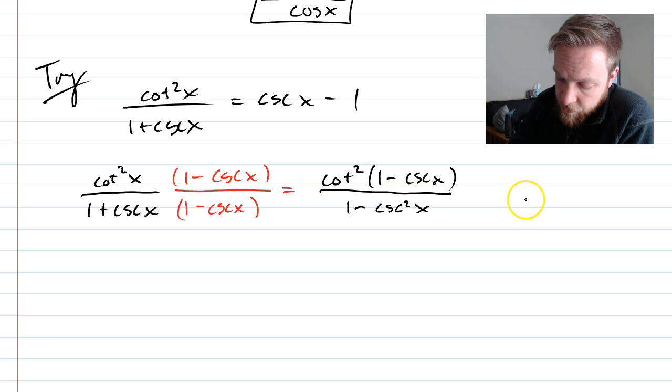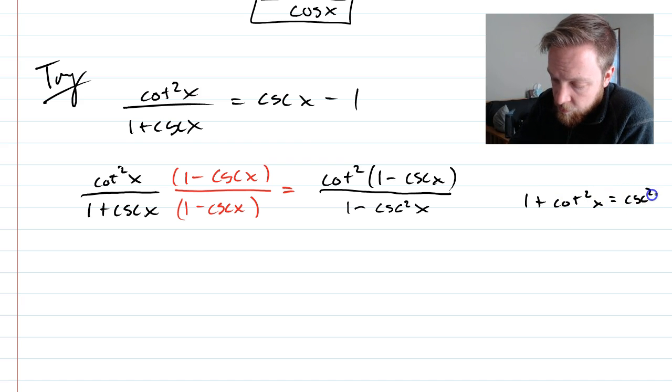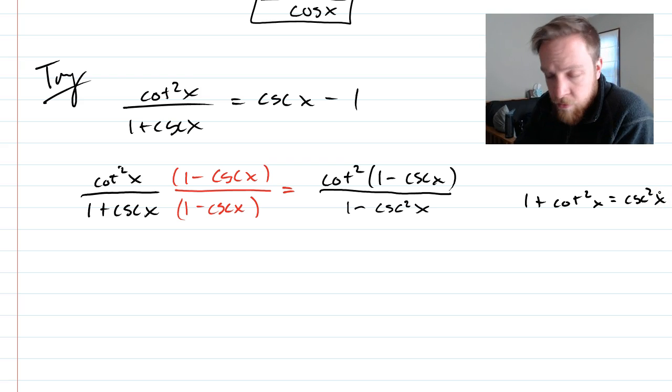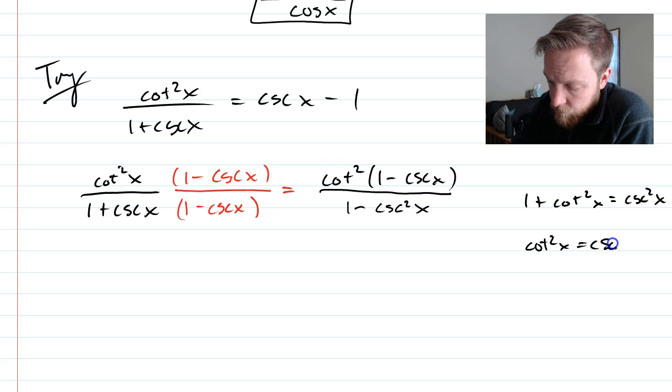Okay, so we should remember that 1 plus cotangent squared of x is the same as cosecant squared of x. And I'm writing that down right away because I see a 1 and a cosecant squared on the bottom. So we're probably going to have some sort of identity. So here's the tricky part about this one. I'm going to subtract a 1 over, now the issue is that my signs are flipped.